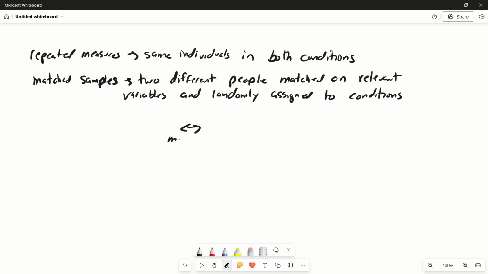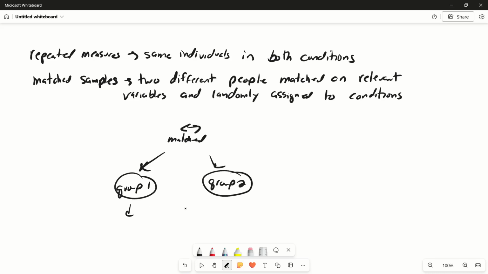So they're matched on whatever relevant variable you have, and then you randomly assign them to group one or group two, and then you look at the DV, right? You look at the dependent variable here, dependent variable here, and you treat this as if it's the same individual. So you do get that less variability, right?